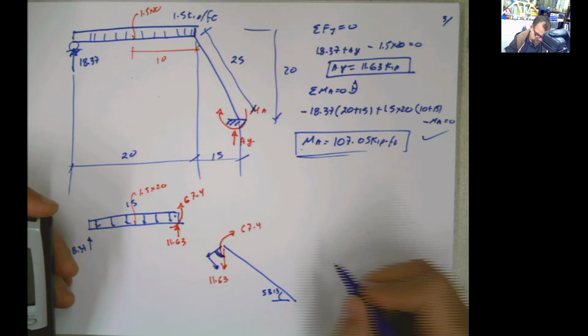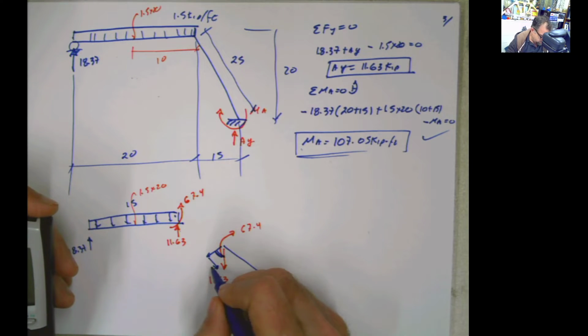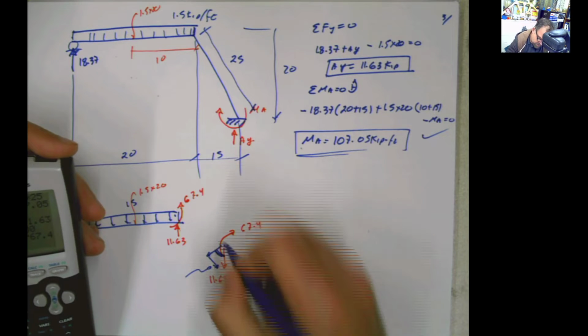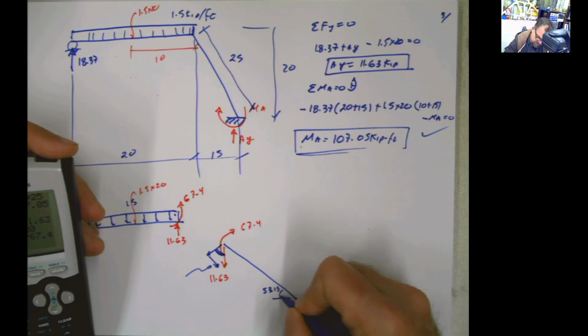Meaning this vertical force here is going to be 11.63 sine of this angle. Remember, that angle over there is the same angle as here.